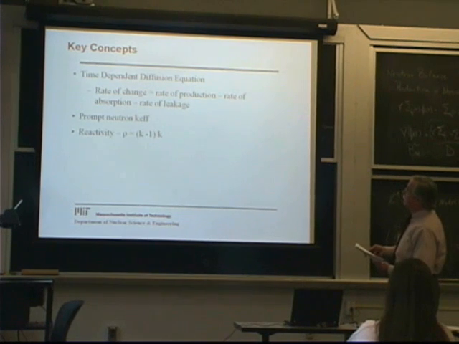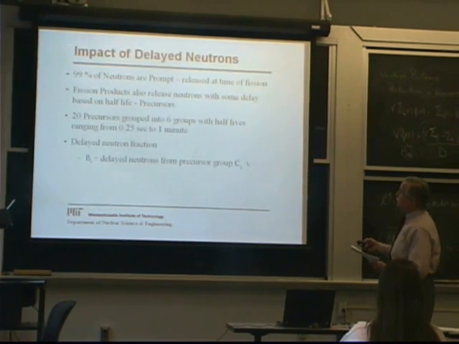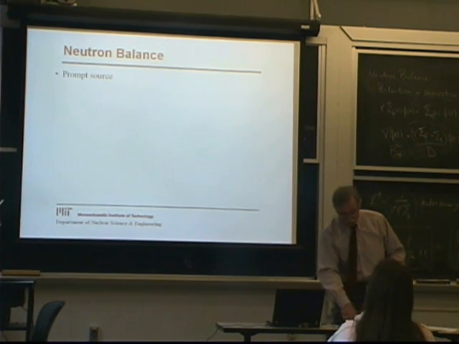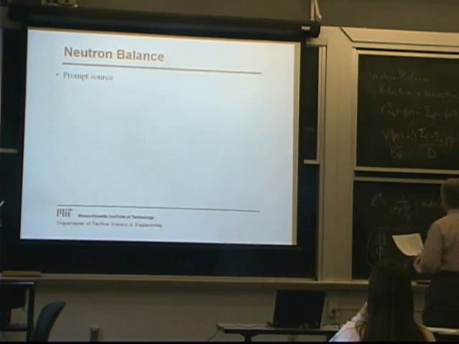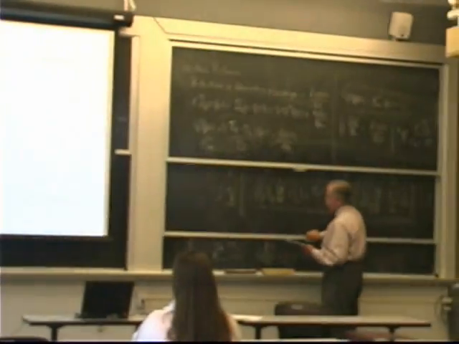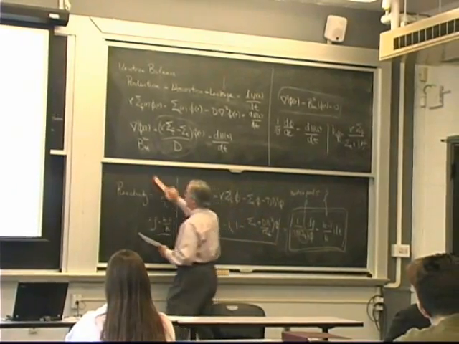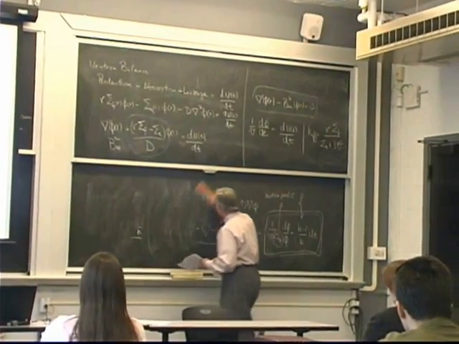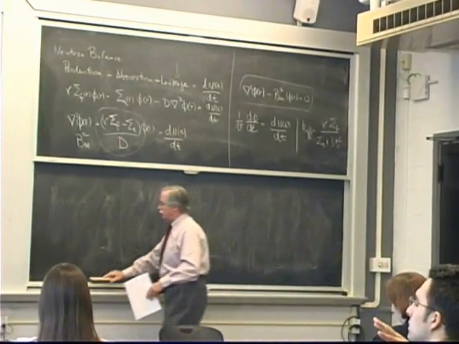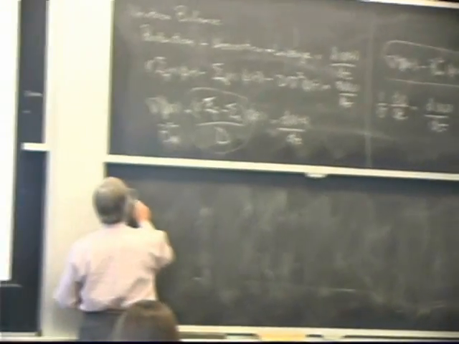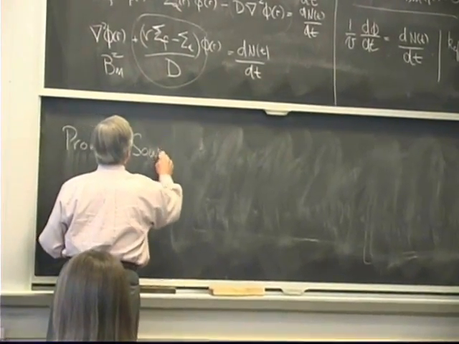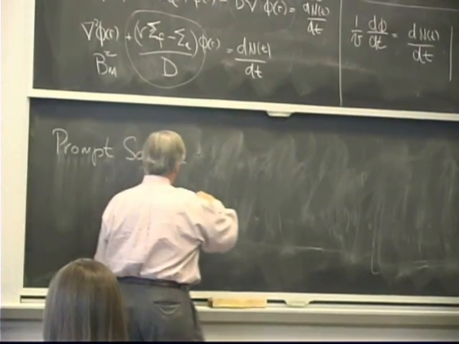So when we look at the neutron balance, we have a prompt source. Now that prompt source is relatively straightforward, if you just think about how that would work. If you have a total number of neutrons per fission, that would be what?